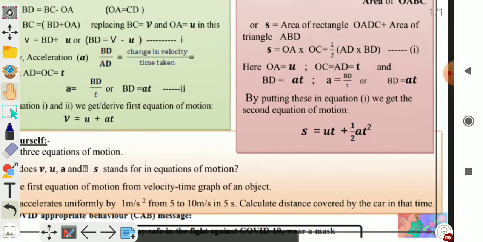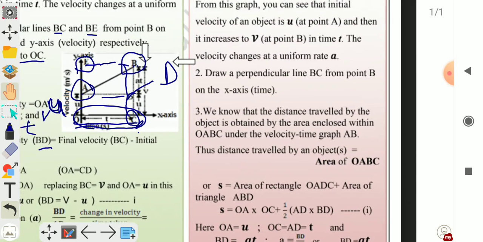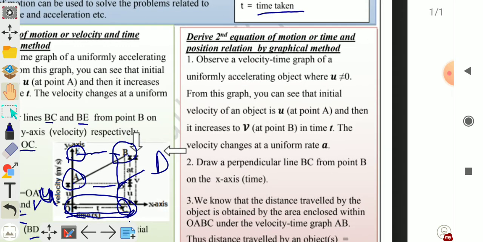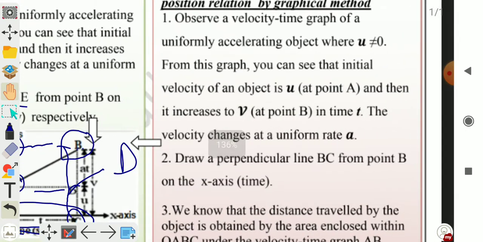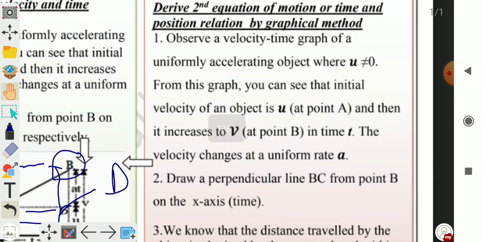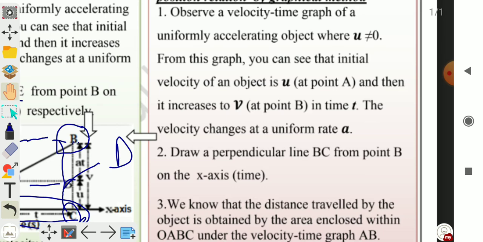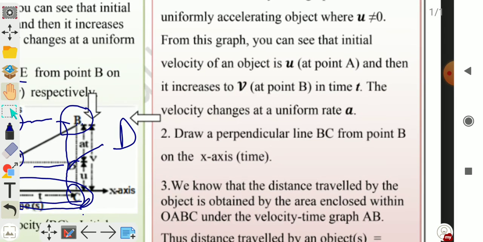Now we have to derive the second equation of motion. Derive the second equation of motion of time and position related by graphical method. Now in second equation, observe a velocity time graph of uniformly accelerating object where u is not equal to 0.